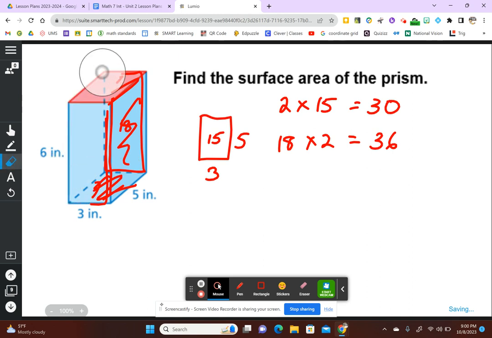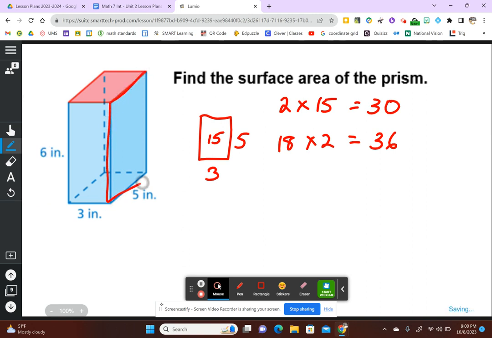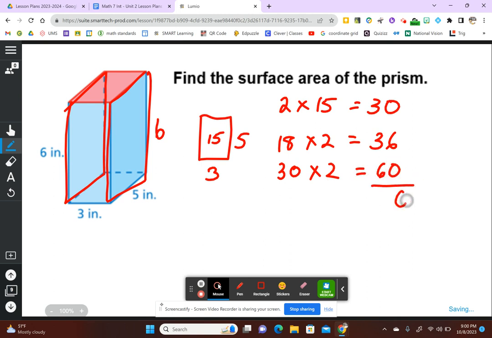Now I have to find the two sides. Here is one side, and this is 5 by 6, and this is the other side, and that is 5 by 6. So 5 by 6 is 30, so I do 30 times 2, and I get 60. I add this together, and it's 126 inches squared.